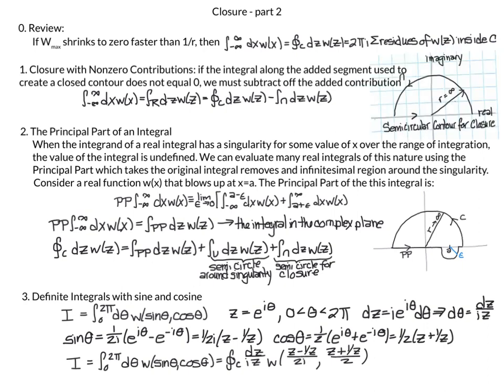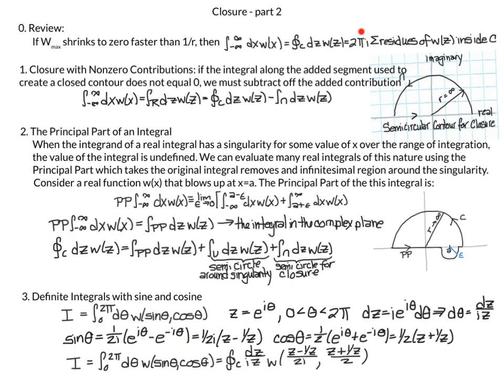The picture to go along with this idea is we're on the real line here and we're integrating a real function of a real variable w(x) along the real axis. Because we're integrating only along the real axis, we're only plugging in real values of x.